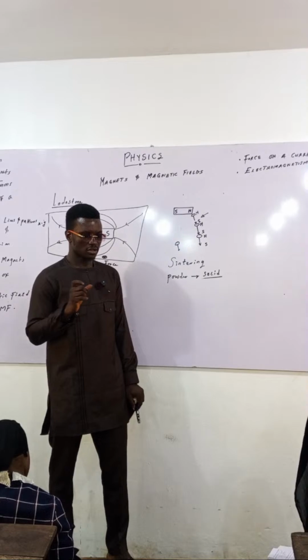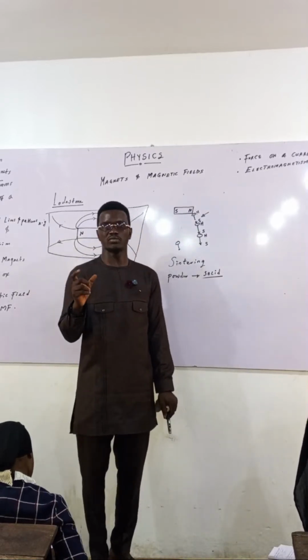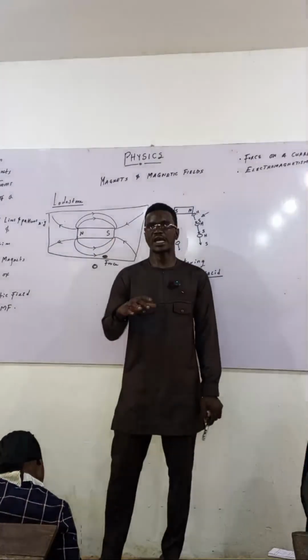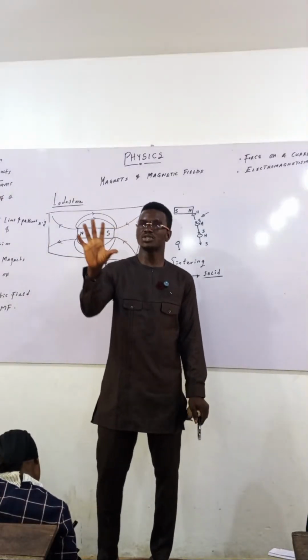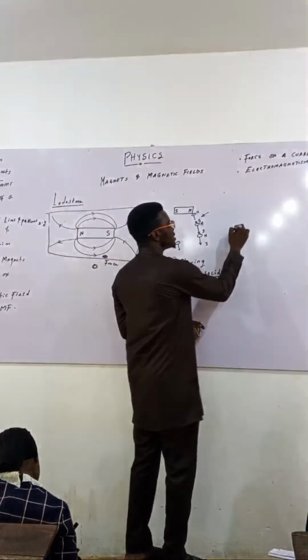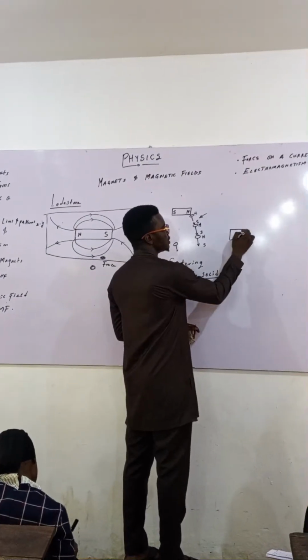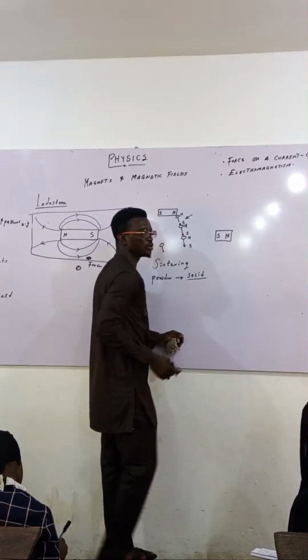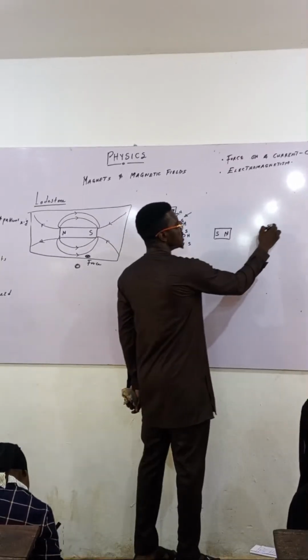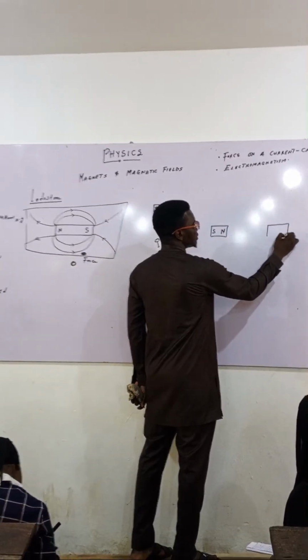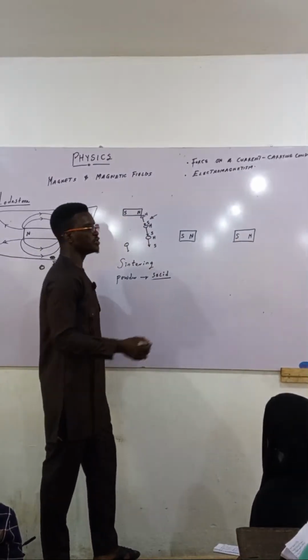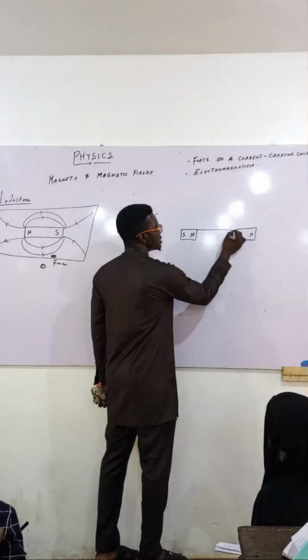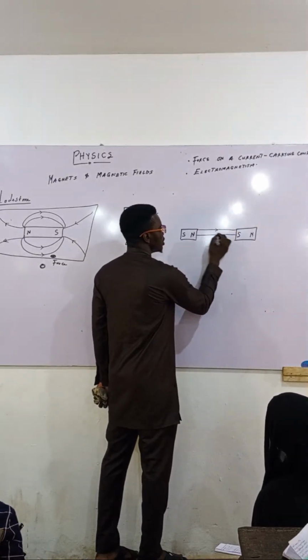Now, let me move on from here first. When I talk about field lines, I'll bring you back again to that. But let me just show you. Let's say this is a bar magnet. This is north, this is south. This is another bar magnet. This is south, this is north. Now, the fields will run naturally like this, from north to south.